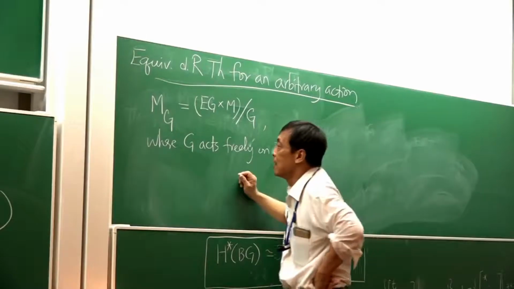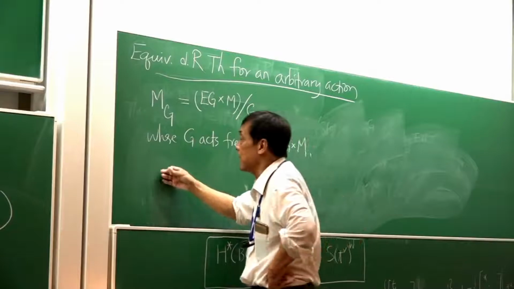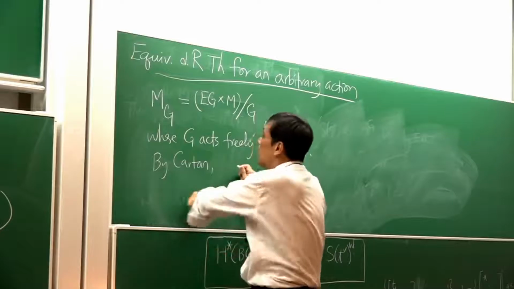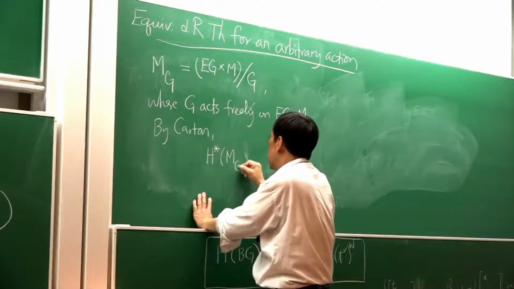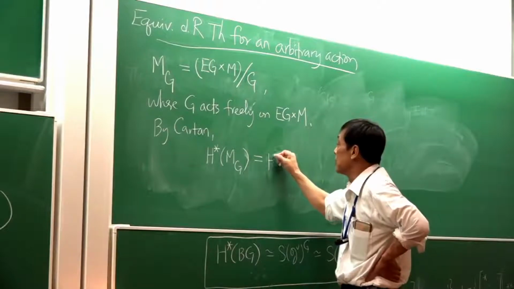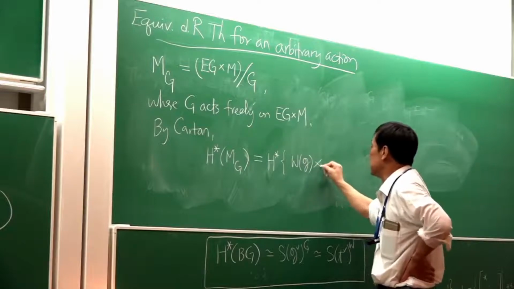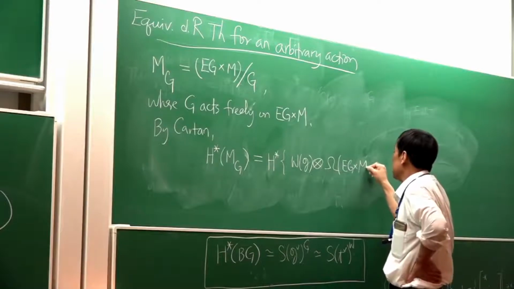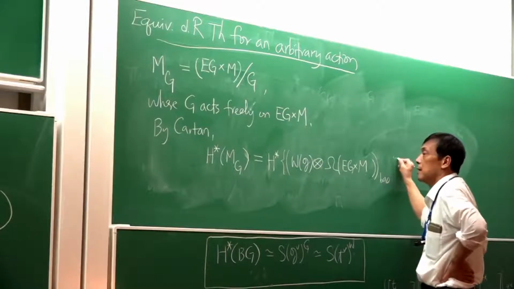So you apply Cartan, and you conclude that the cohomology of the base is the cohomology of the Weil model tensor with EG cross M, taking the basic elements.